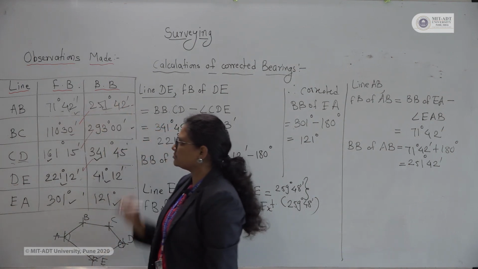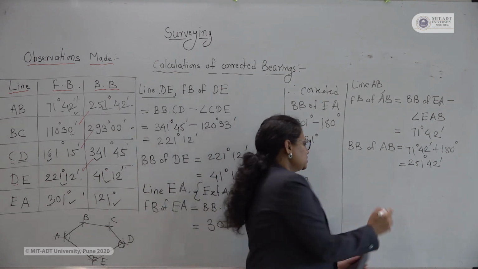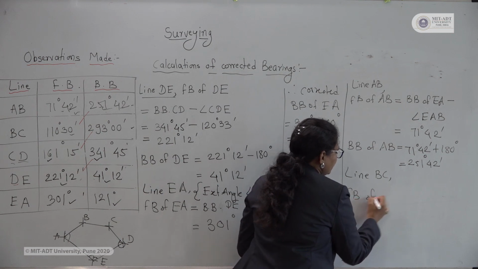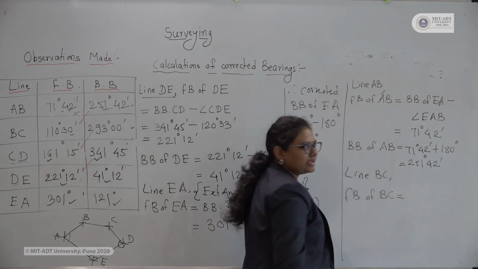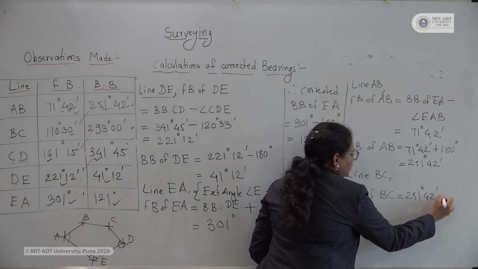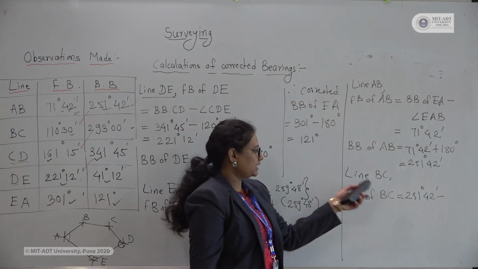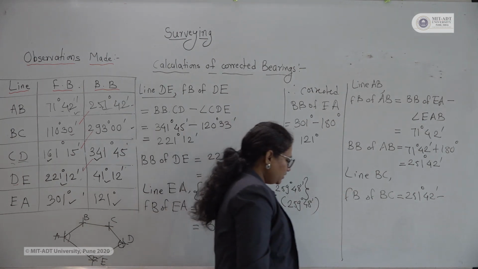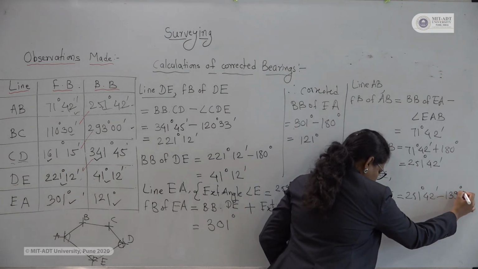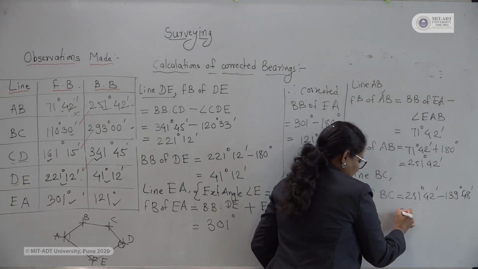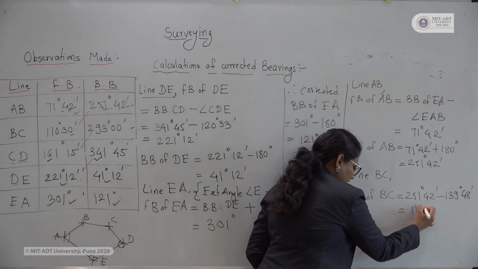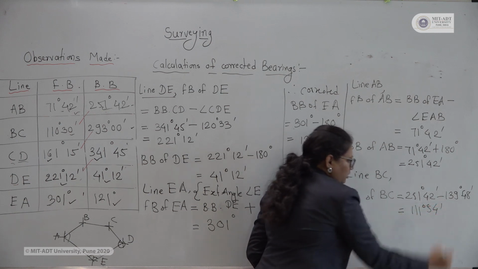Now, the last line which is remaining is line BC. Similarly for line BC, the fore bearing of BC will be equal to the back bearing of AB, that is 251 degree 42 minutes, minus the included angle at point B. The value of the included angle ABC is 139 degree and 48 minutes, and you will get the corrected bearing as 111 degree and 54 minutes.